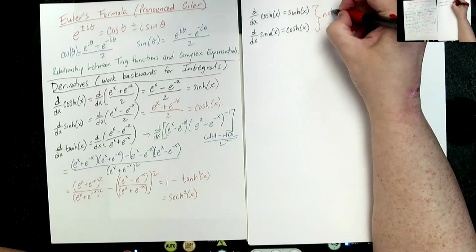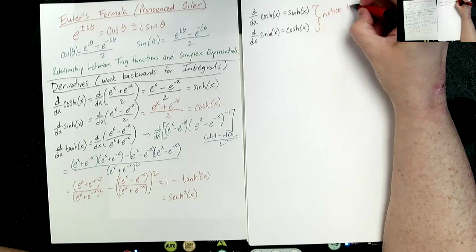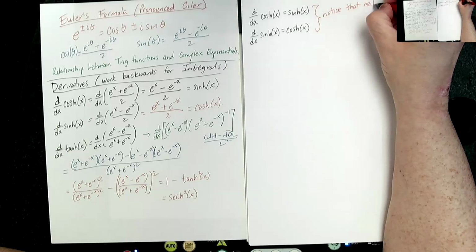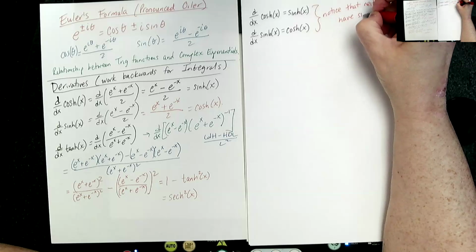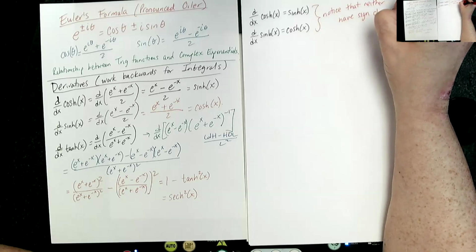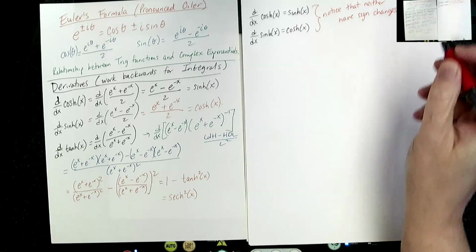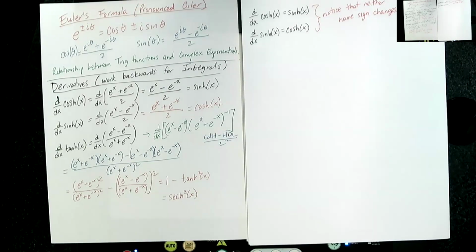Notice that neither have sign changes. Normally, when you take the derivative of cosine, you get a negative in there. Not today. Not with the hyperbolics.